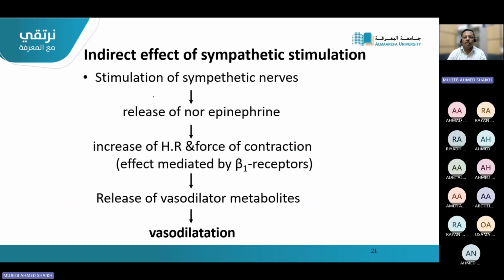So sympathetic nerve stimulation releases norepinephrine, which increases heart rate and force of contraction through the beta 1 receptor, leading to release of all the chemical factors which cause vasodilatation.